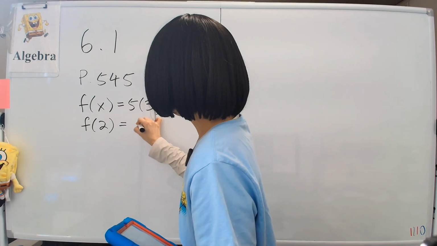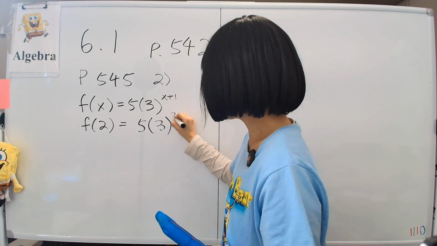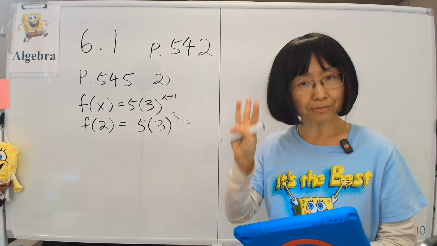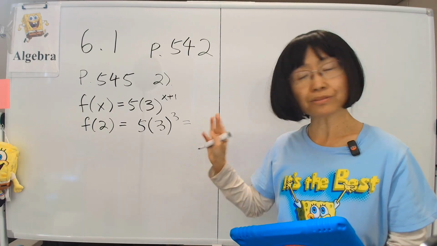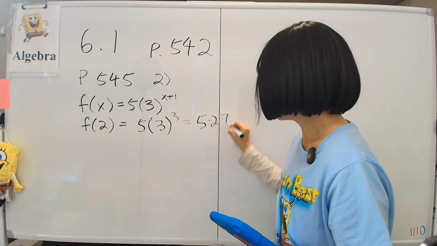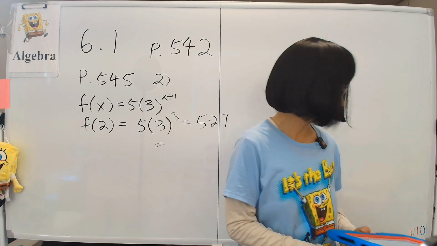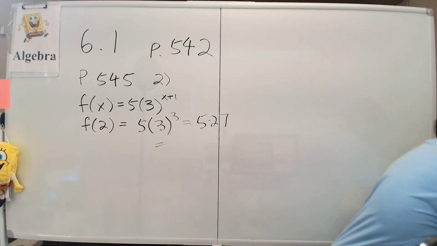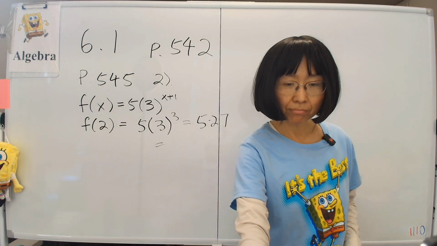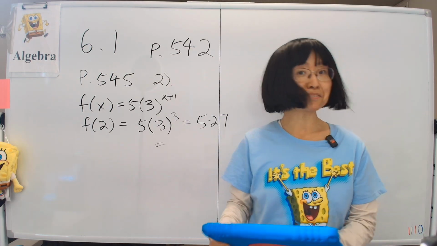We have 5 times 3 to the power 2 plus 1, which is 3 to the third power, which is 3 times 3 times 3, which is 27. So it's 5 times 27. I'll pull out the calculator and figure out what that is. Okay, I got 135, which is the right answer.